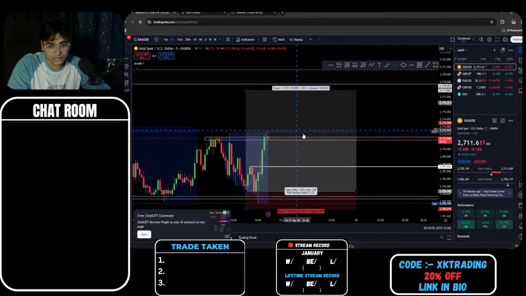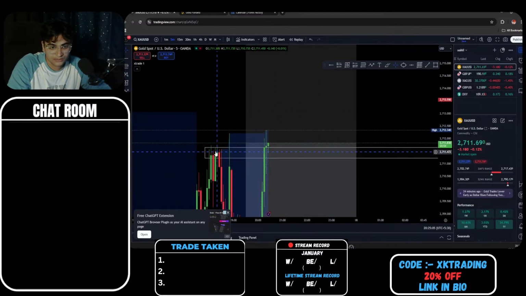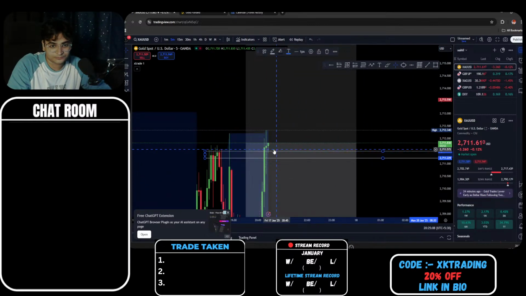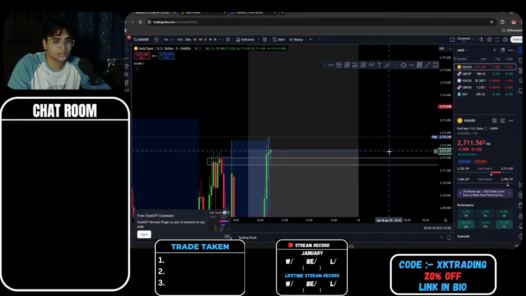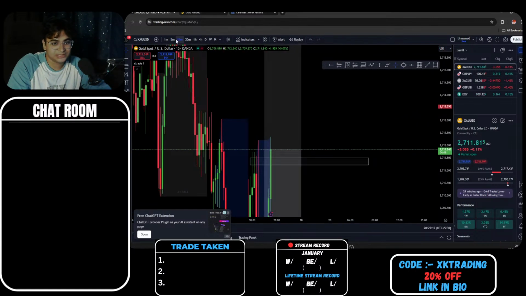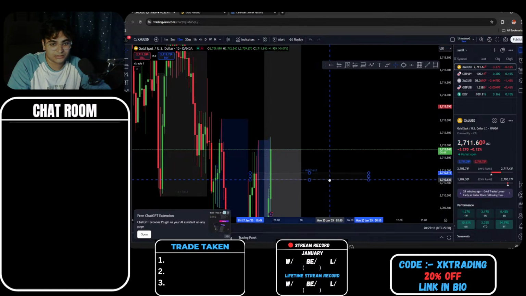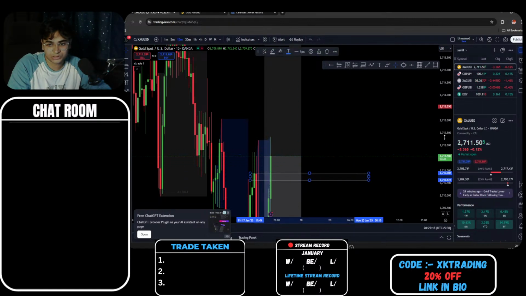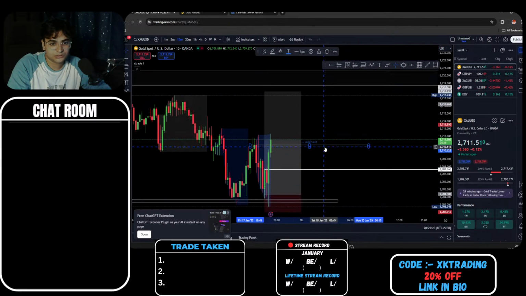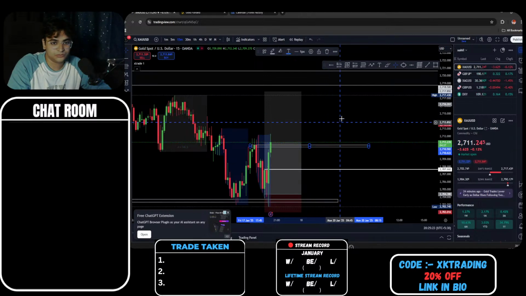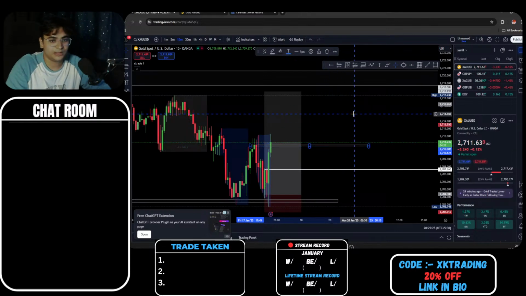The 5-minute candle did technically close above here. That means there's a high probability we can still move forward. With this 5-minute candle, if we close above the structure on the 15-minute as well, then there's a high probability we will move forward more here.